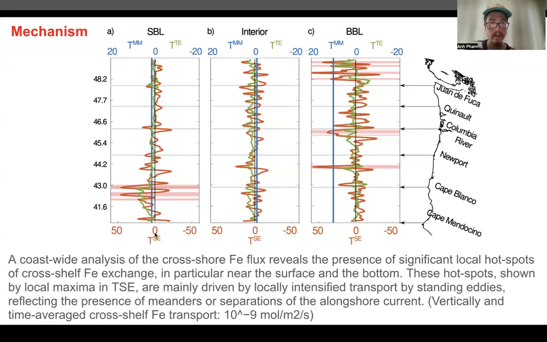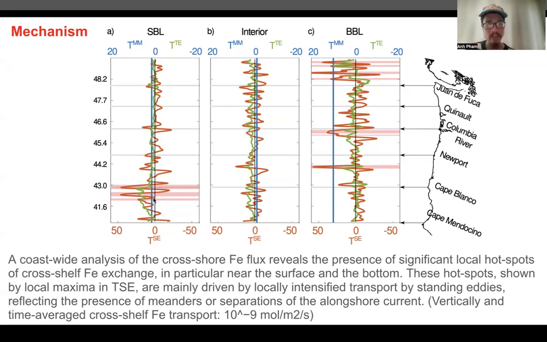And again, we have the positive flux showing the offshore iron transport, and negative showing the inshore iron transport. The red line here shows the contribution from standing eddy, the green line shows the contribution from transient eddy, and the blue line shows the contribution from the mean ocean circulation.